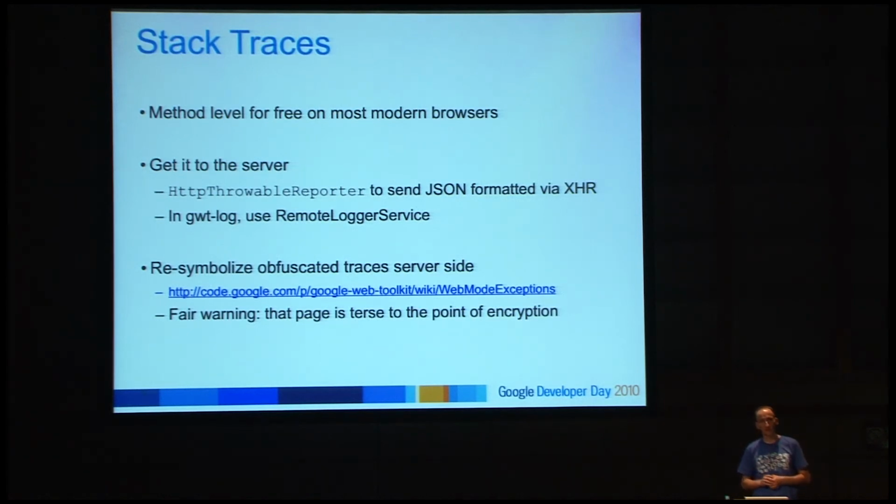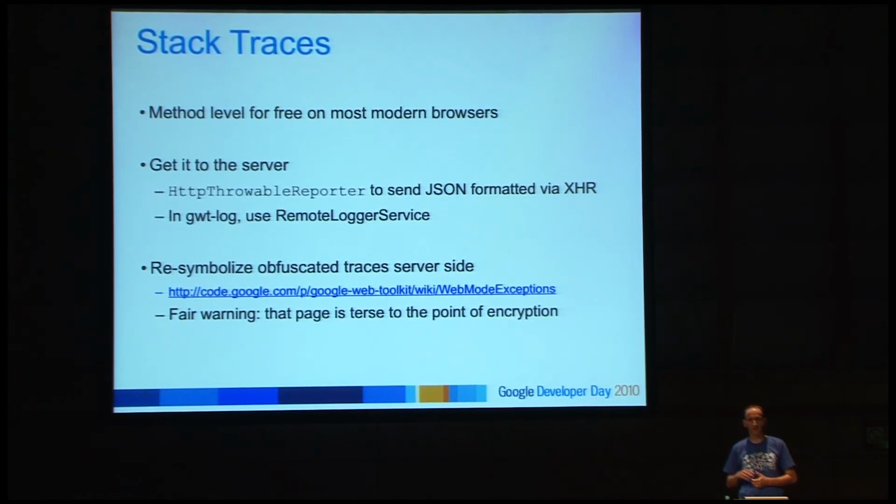In both cases, you'll receive on the server obfuscated stack traces, which you need to re-symbolize. You need to add the original symbols back so that instead of obfuscated JavaScript, you have readable Java method names.